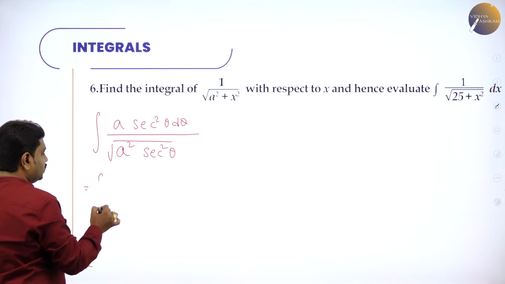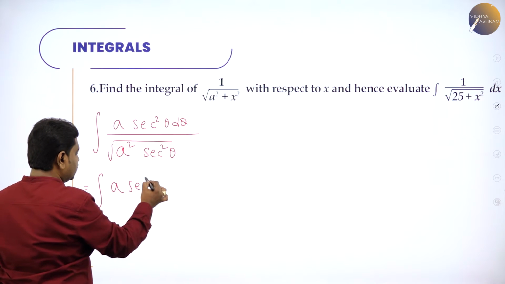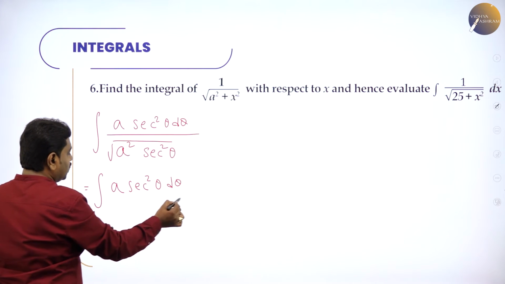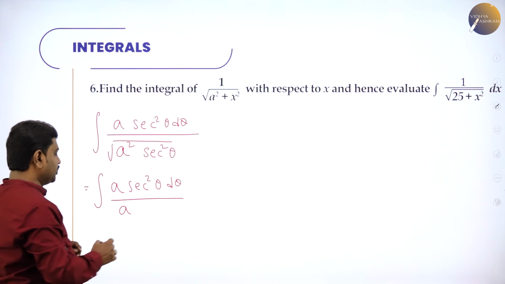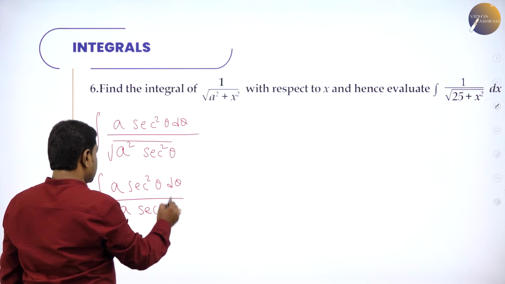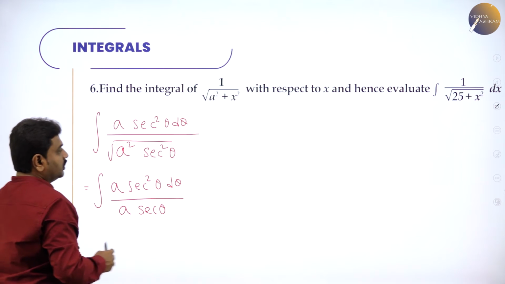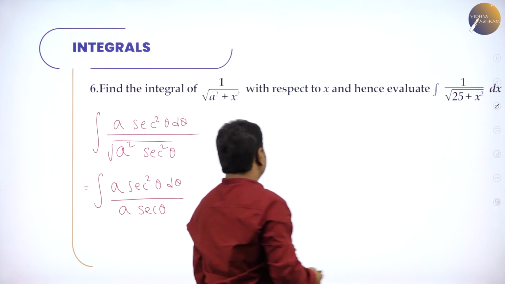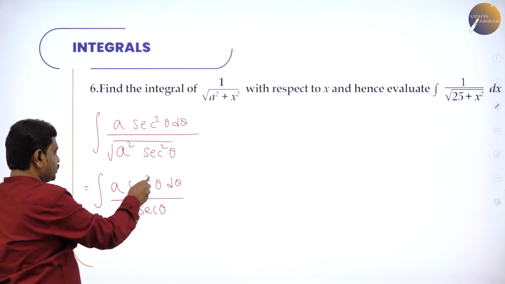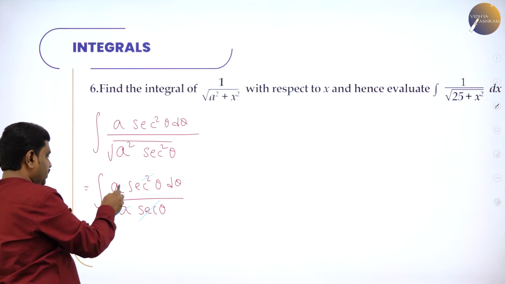So now further, a secant square theta d theta divided by, all of you know root a square becomes a, root secant square theta becomes secant theta. So now I can cancel further, I can cancel secant theta and secant theta, and a and a.